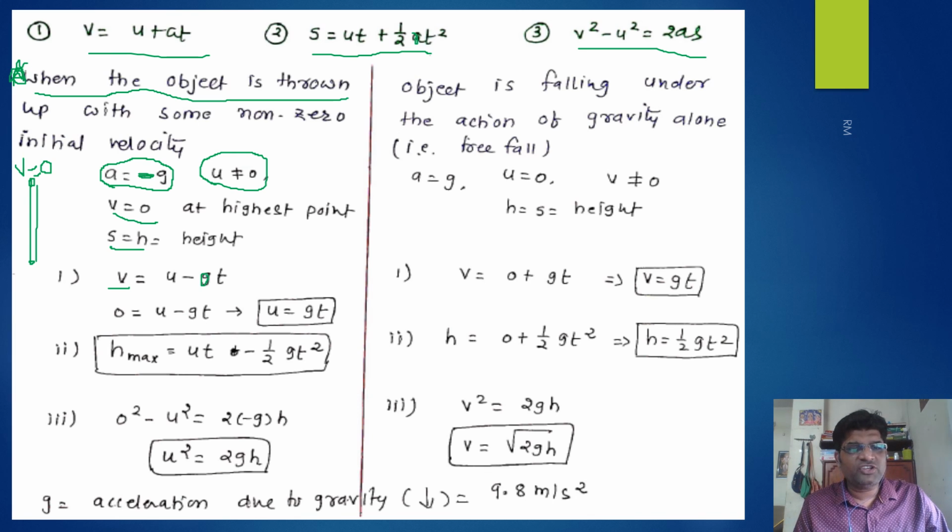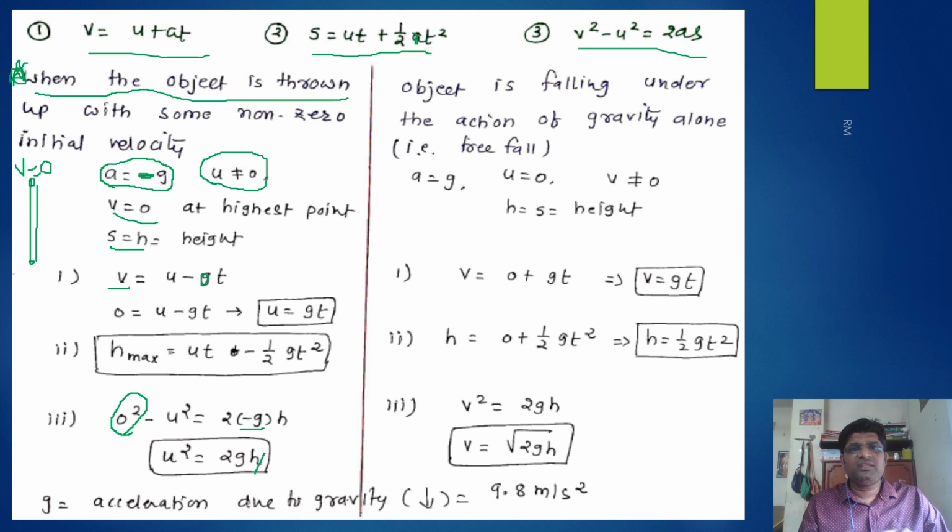And the third equation, v square minus u square is equal to 2as. At the highest point v is equal to 0, so you will have minus u square is equal to minus 2gh. a is equal to minus g and the equation becomes u square is equal to 2gh. So you can use this equation to find out the maximum height achieved by the object, right?